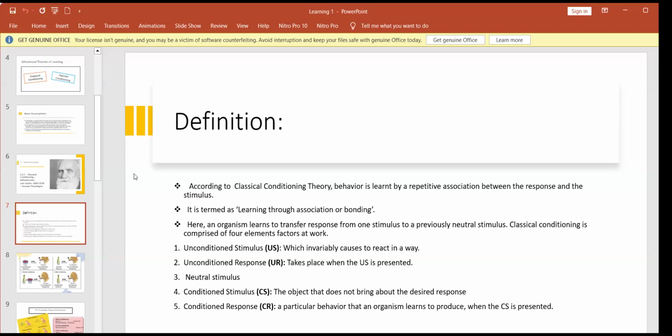No. So for the sound of the bell, the dogs did not salivate initially. But after 3-4 months, Ivan Pavlov saw that when the bell was rung, the dog salivated. A considerable amount of salivation was there.